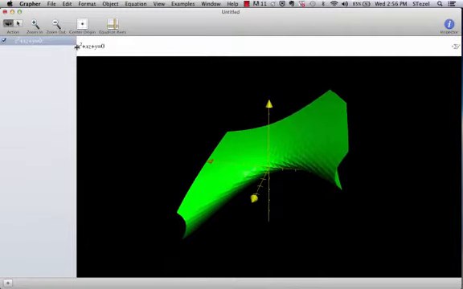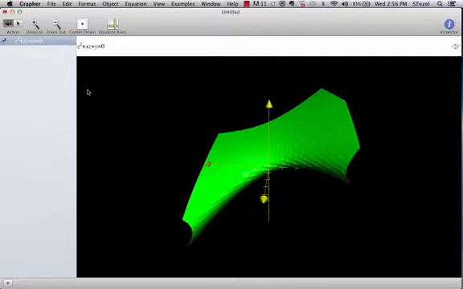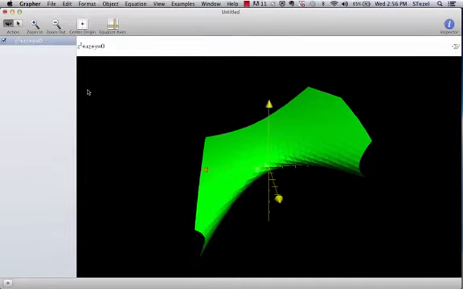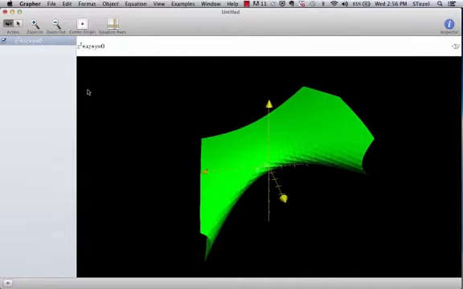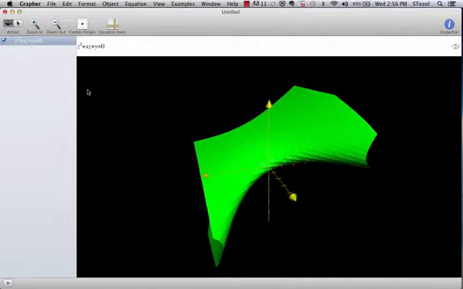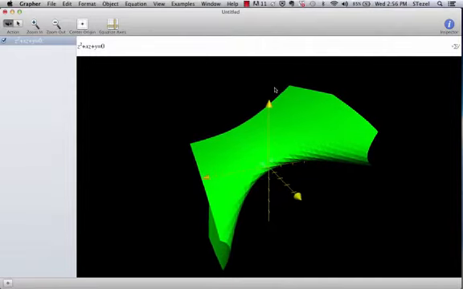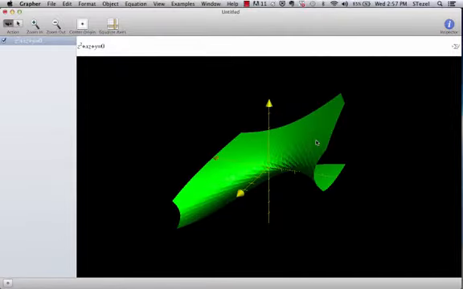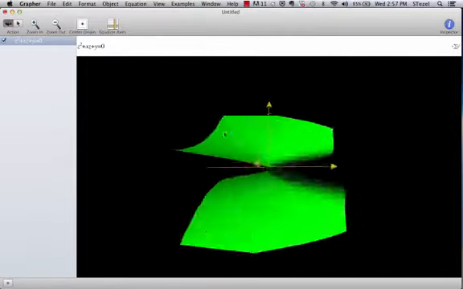And all I did was I typed z squared plus xz plus y equal to 0. So that means for all possible x and y values, I'm going to have an associated z value via the quadratic formula. And what you're looking at is all the imaginable solutions here for the quadratic formula.